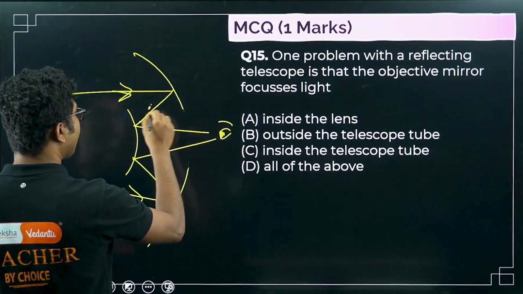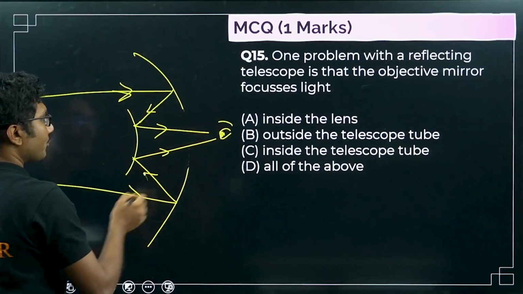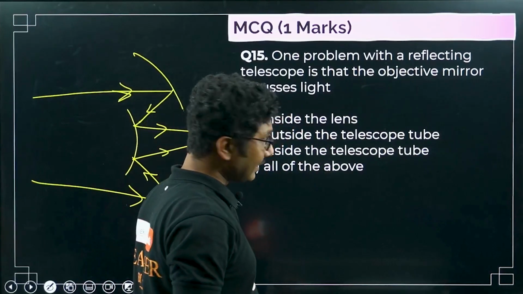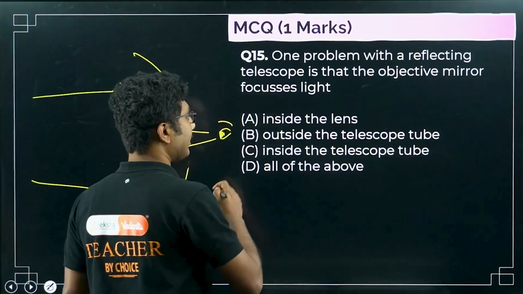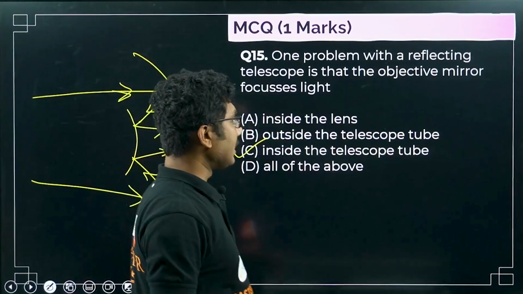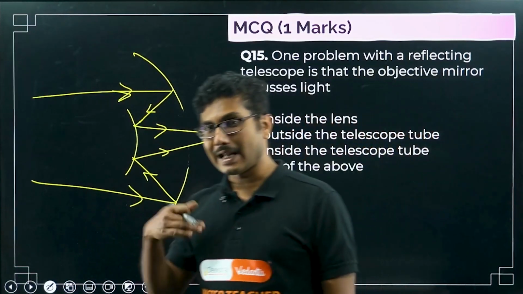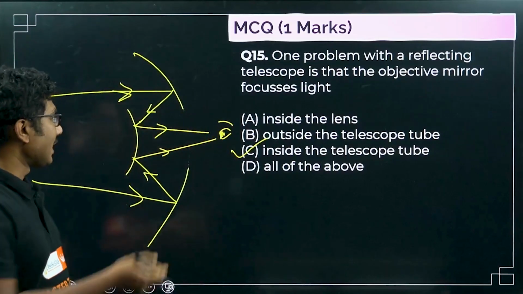So the main problem of a reflecting telescope is that the objective mirror focuses light inside the telescope tube, but that can be overcome using the mechanism that is shown here.